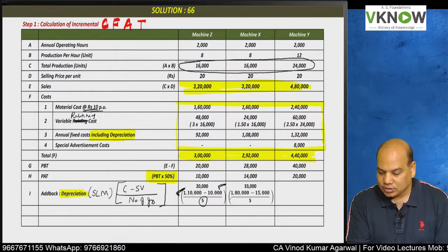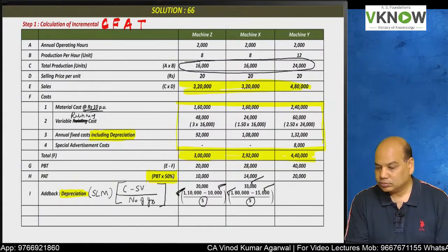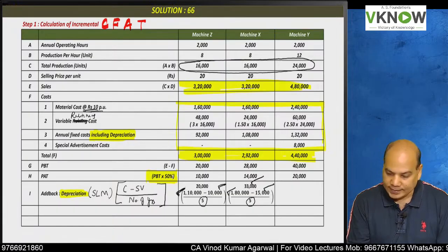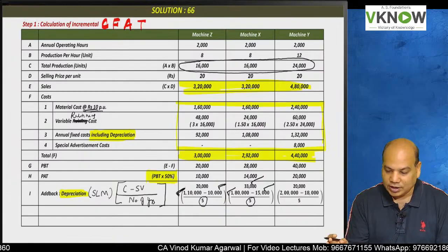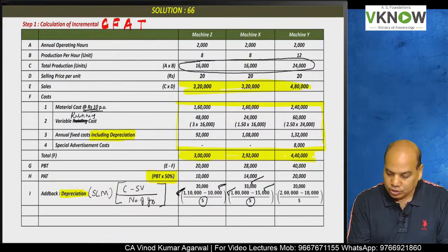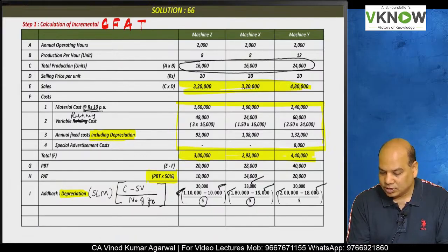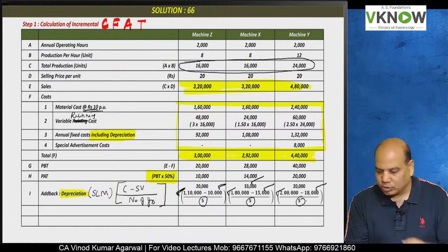Now for machine X, 1,80,000 minus 15,000 divided by 5 years, 33,000. For machine Y, the sequence is Z, X and Y, that is why we are getting confused. No problem. 2 lakh is the cost, 18,000 is the scrap value, number of years 5.